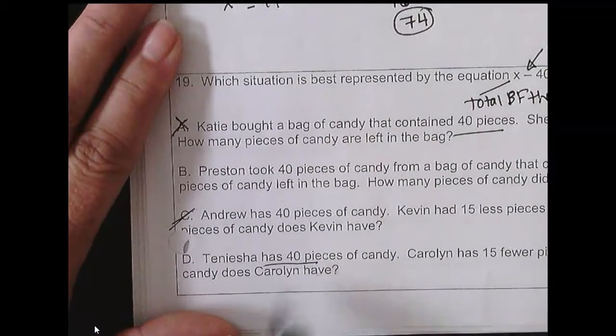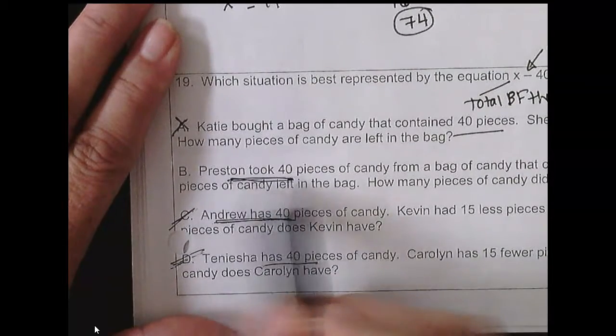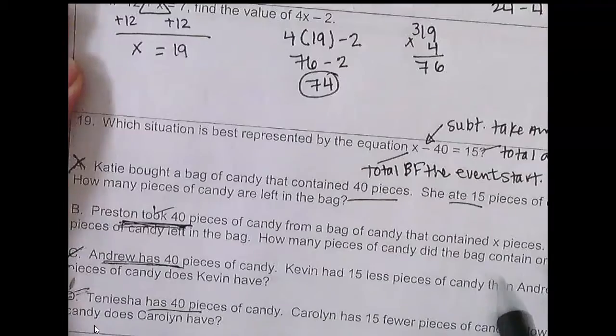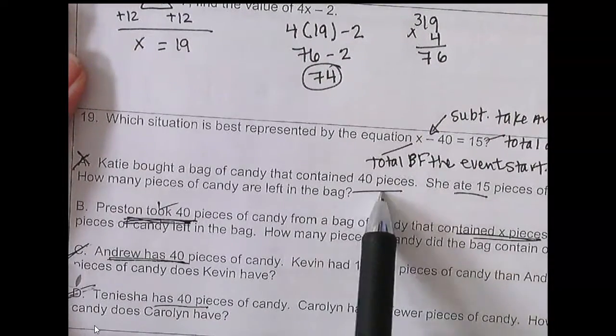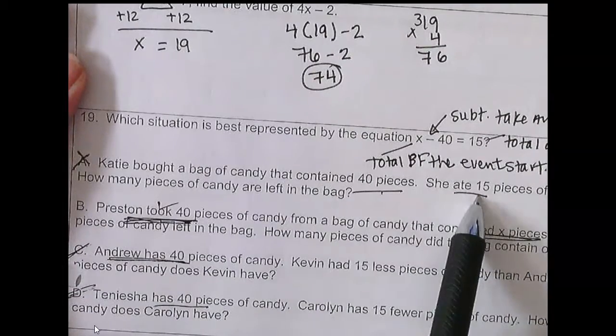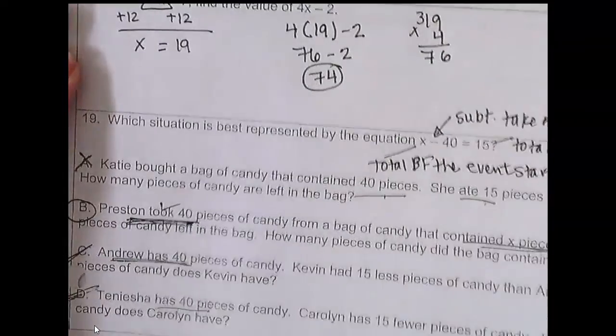Has 40 pieces. No. See, this one has 40 pieces. Preston took 40. True. Because it has X. See, this one's true. It had 40 pieces. But she didn't eat 15. The answer is B. Alrighty, next question.